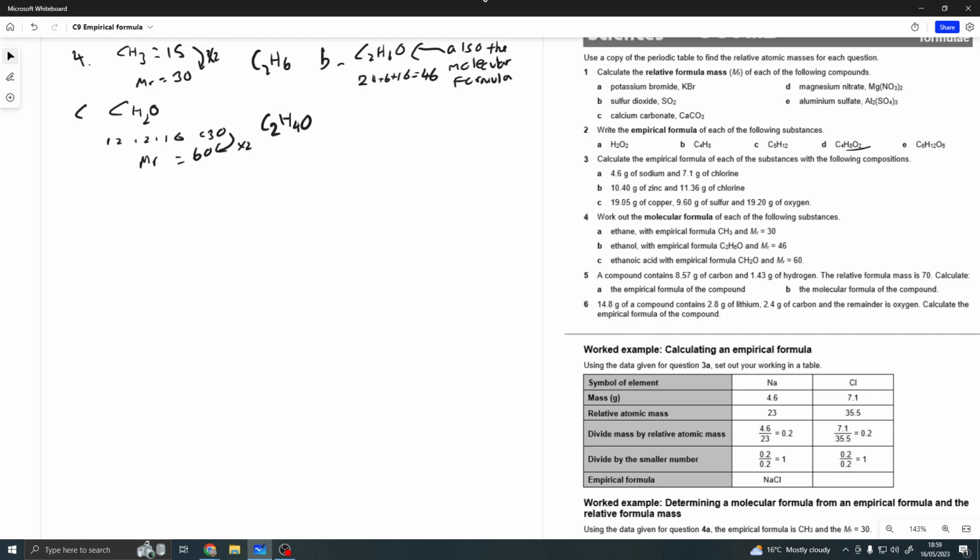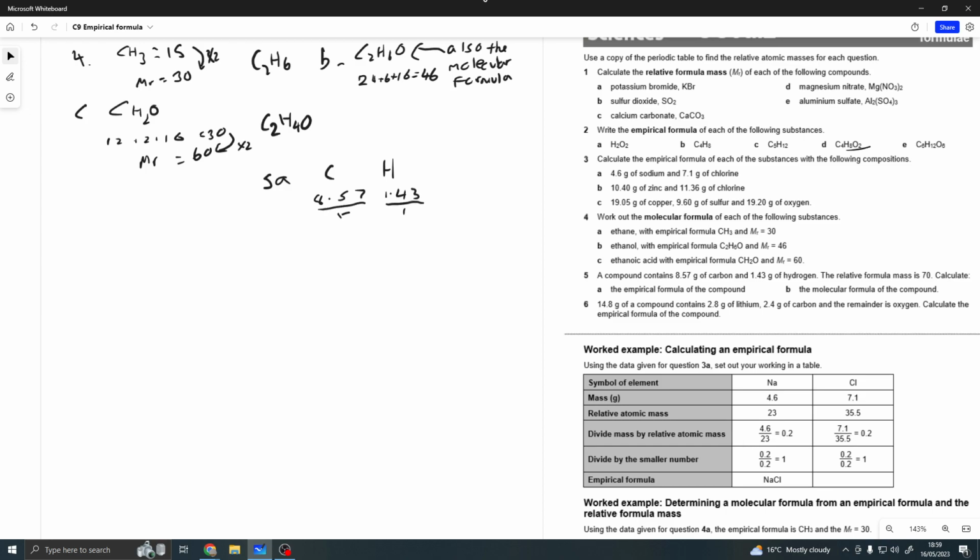Now next, we need to work out both the empirical and the molecular formula. I'm going to write over this way a bit because my fingers are doing really weird things here. So 5. First of all, the empirical formula. So we have carbon 8.57 and hydrogen 1.43. Now we're going to divide carbon by 12 and hydrogen by 1.